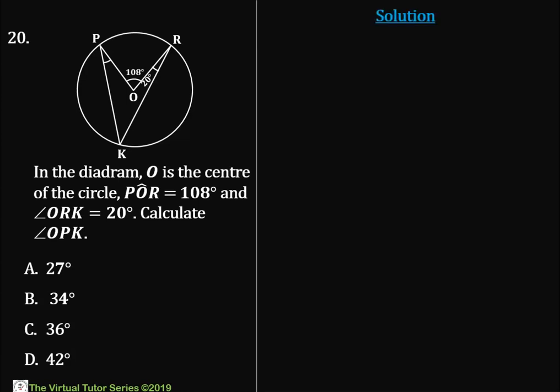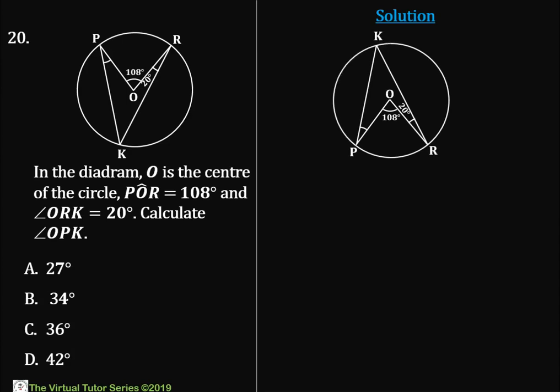Let's rotate the diagram 180 degrees to have a clear picture. Let's also introduce a chord PR. We will name the reference angle at O X and the angle at K Y. Using the following hints, let's now determine the size of angle OPK.